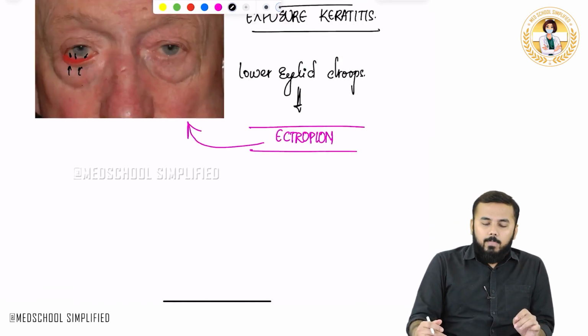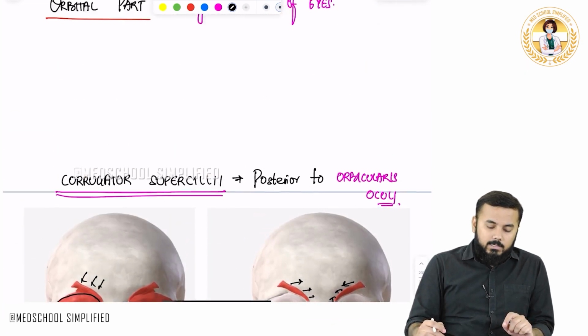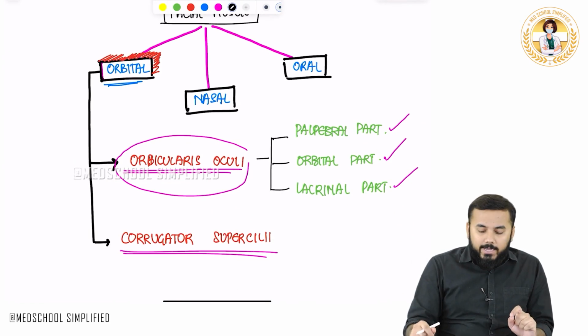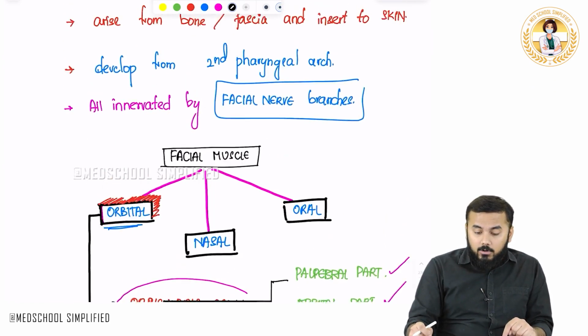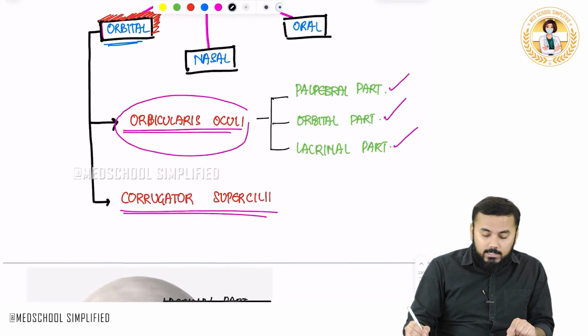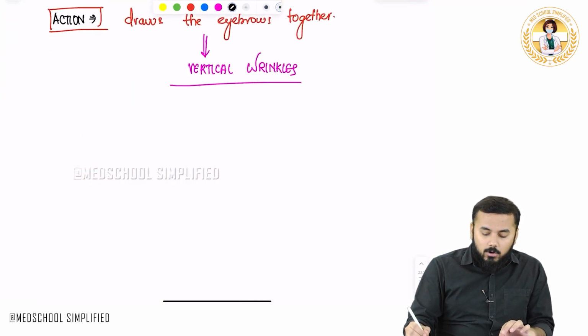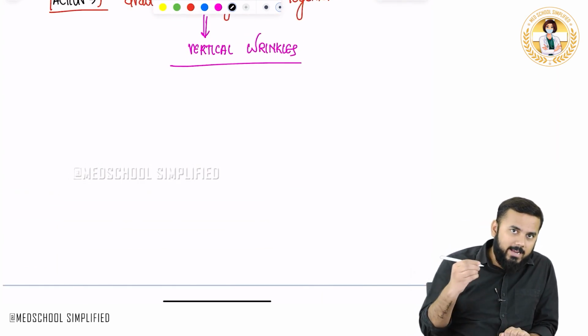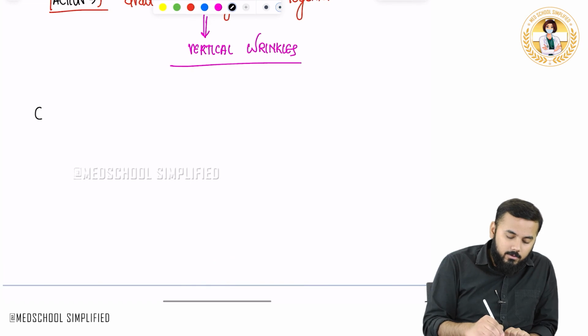So let us discuss. We discussed that these two muscles are innervated by which nerve? Facial nerve. So exactly which part of the facial nerve? I did not tell it as facial nerve. I told facial nerve branches. Now let us discuss, in orbicularis oculi and corrugator supercilii muscle, exactly which branches of the facial nerve are innervating.